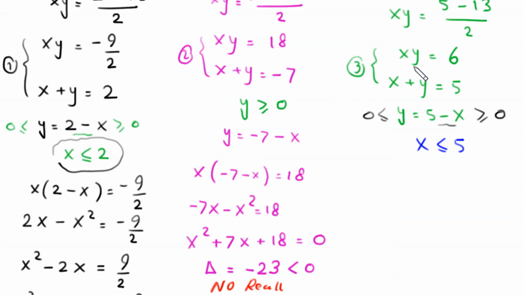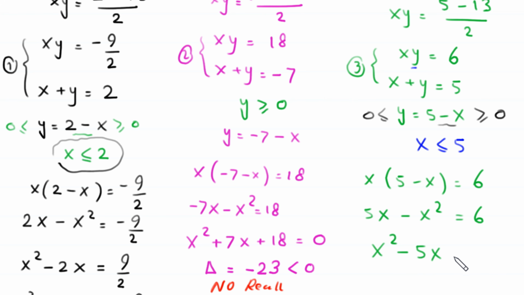Now in this equation we replace this y with this 5 minus x, then this will become x times (5 minus x) equal to 6. Distribute x times 5, 5x, times negative x, negative x squared, equal to 6. Move these two terms to the right hand side, this will become x squared minus 5 times x plus 6 equal to 0.